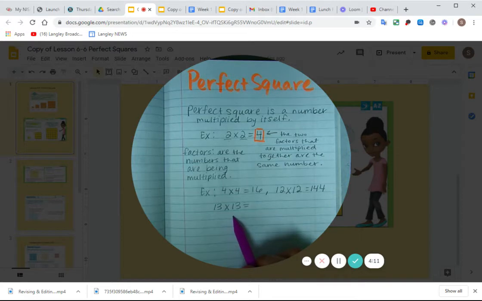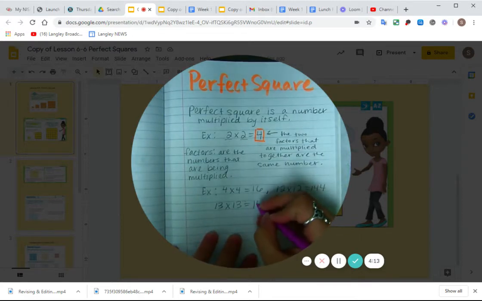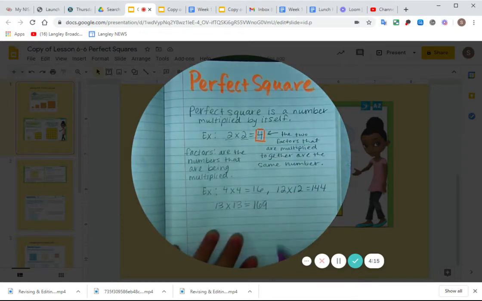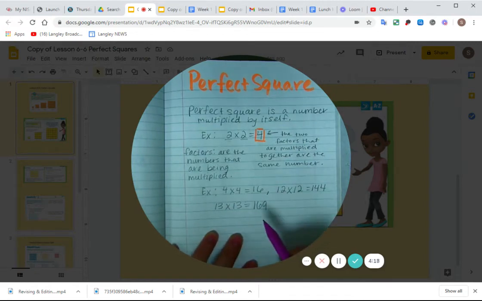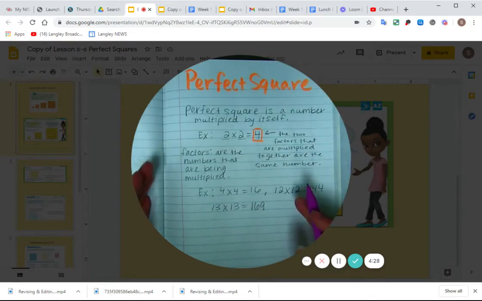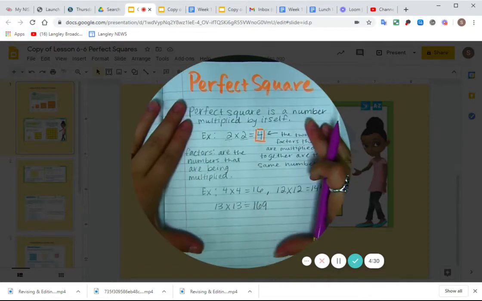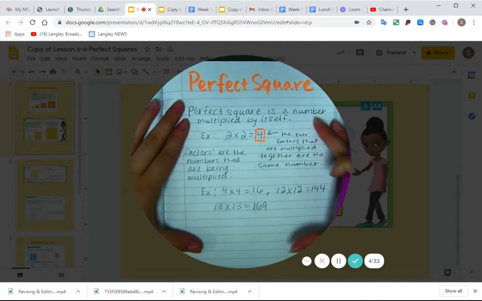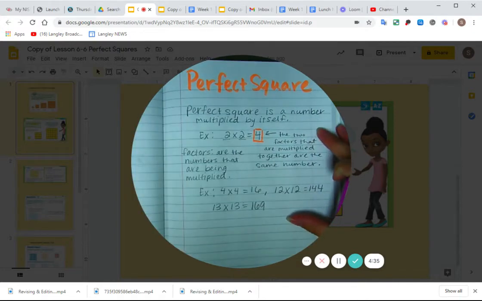So 13 times 13 would give us a perfect square of 169, right? So all of these are examples. 5 times 5, 8 times 8, any number you multiply by itself will give you a perfect square, okay? So today, that's what we're going to be working with, all right? So please write these notes down. If you haven't already started, please write these notes down.